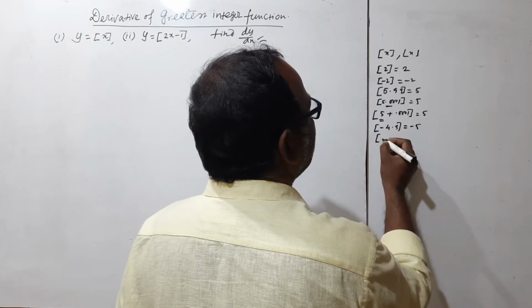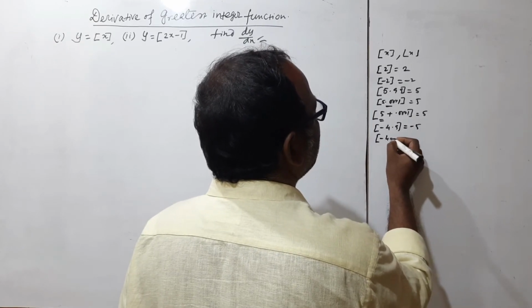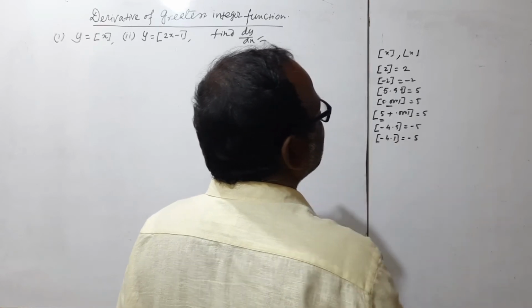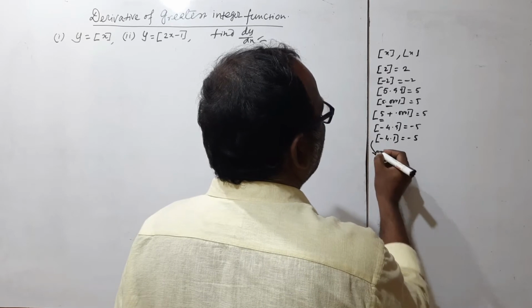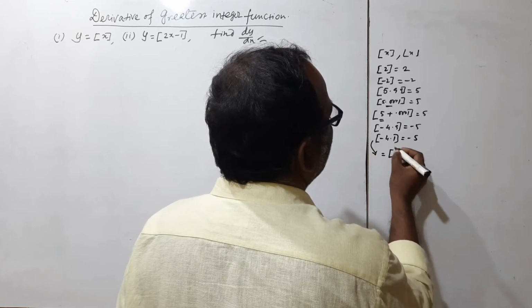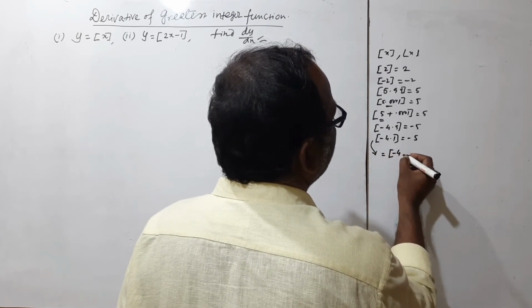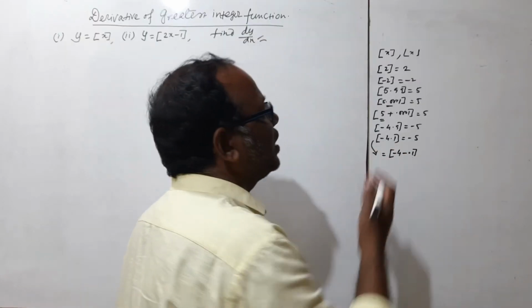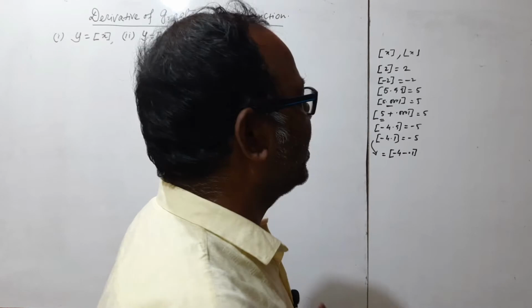I'll give more examples: if it is minus 4.1, it would also be minus 5. How is it possible? See here, it can be written as minus 4 and minus 0.1.